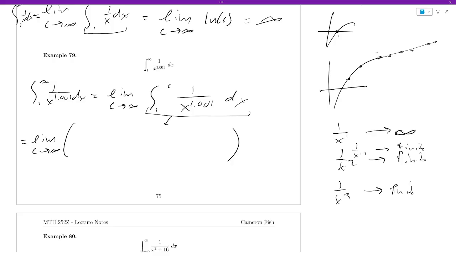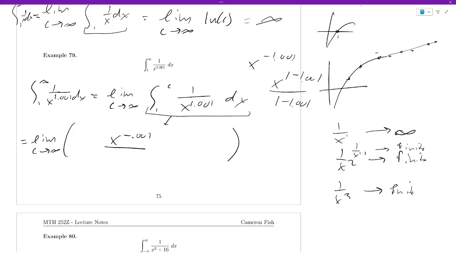Okay, let's do this integral. Remember, this is x to the negative 1.001. So we can do the power rule, right? I go to x to the 1 plus this, and I'll divide by my new number, whatever that is. So 1 plus my exponent, I'm going to get negative 0.001.